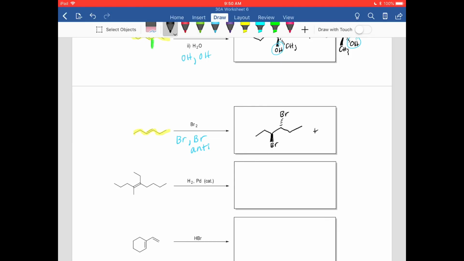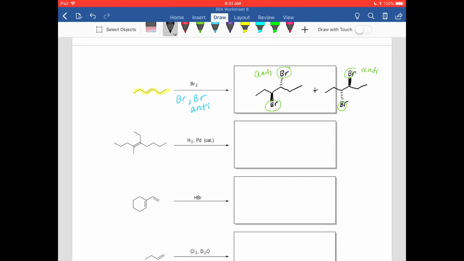And then I'm also going to get the enantiomer of that. So now where the first bromine is back and the second bromine is forward. So here, both bromines are anti, and here both bromines are anti. And so notice we don't form the possible diastereomer where both of those bromines are cis to one another because we didn't get a syn addition.